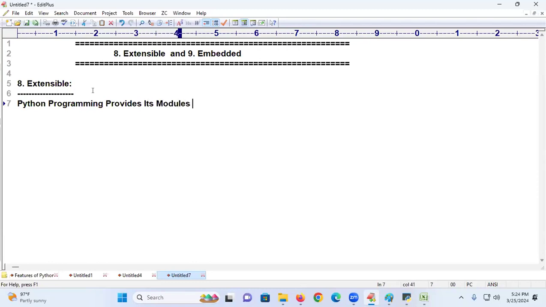Module means, as I said already, functions, variable names, classes. This is a library or not? Python programming provides its modules to other languages also. Like, I can use it where? C language. I can use Python programming modules in C language that you don't know.